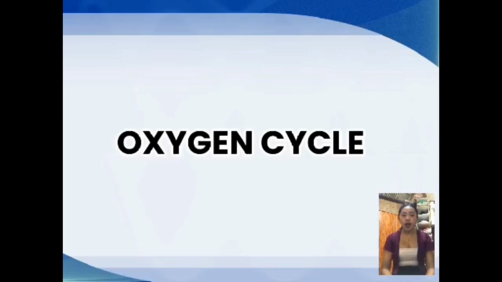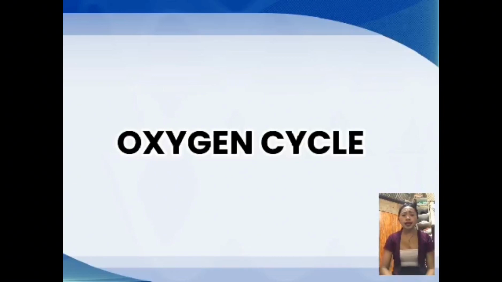Today, oxygen is freely available in the air and also dissolved in water. It is the second most abundant gas present in the atmosphere and also the most common element of the human body.